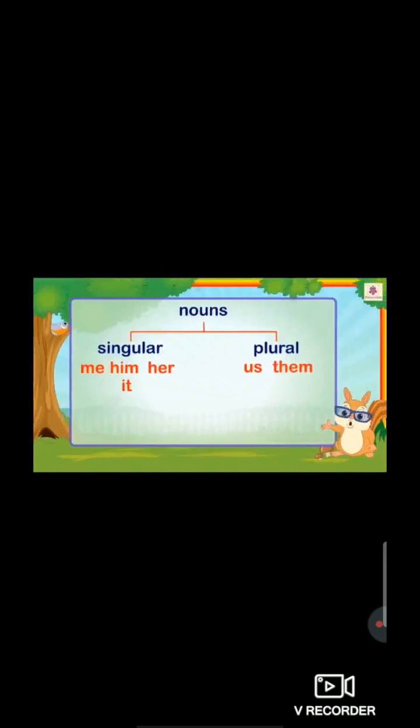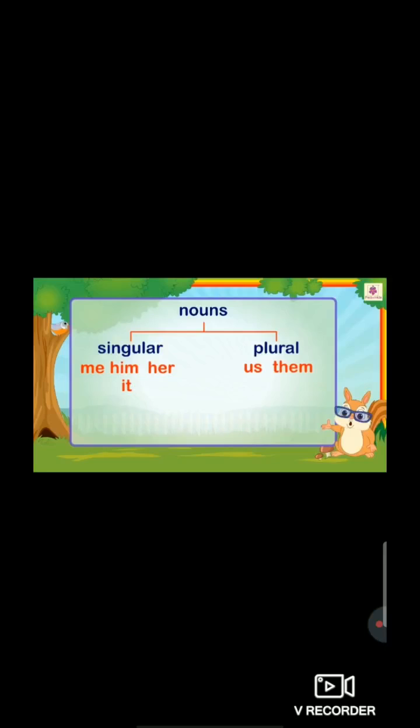Okay. Now, again, for singular, we are going to use the pronouns me, him, her, it. And for plural, us and them. Students, these words mostly come in the middle of the sentence or at the end of the sentence.